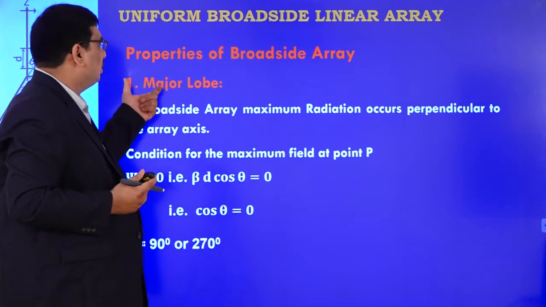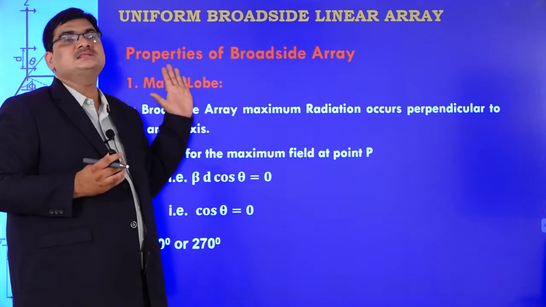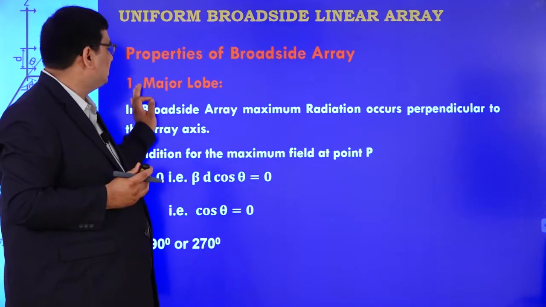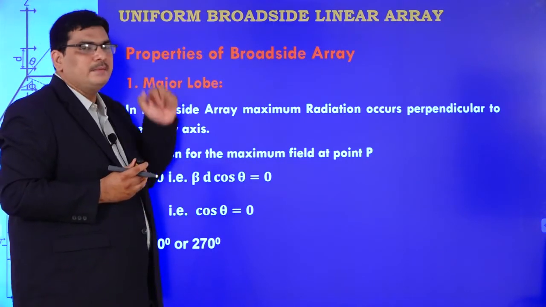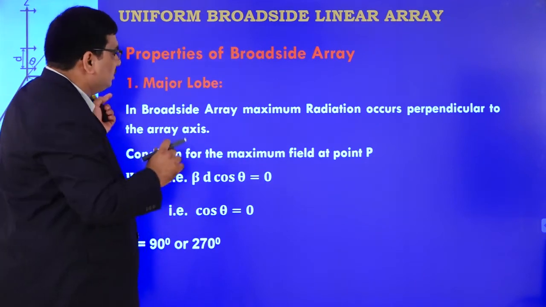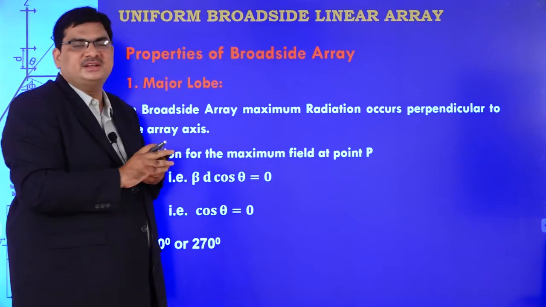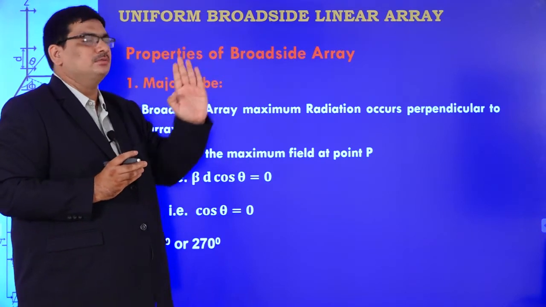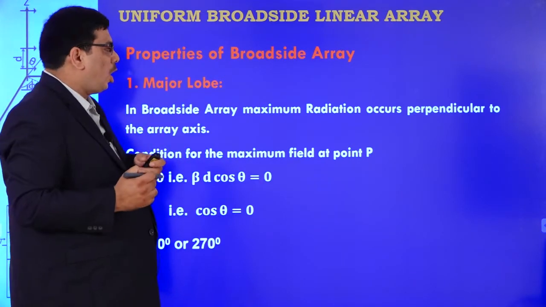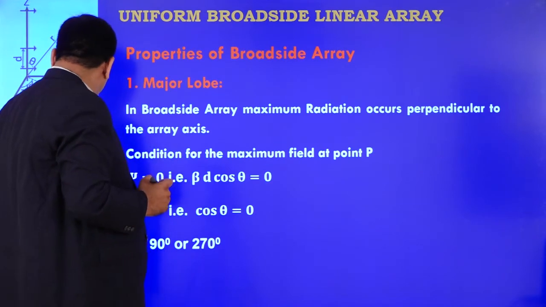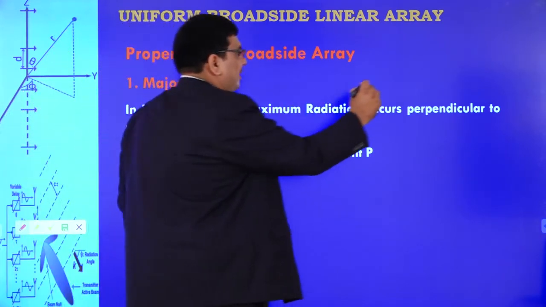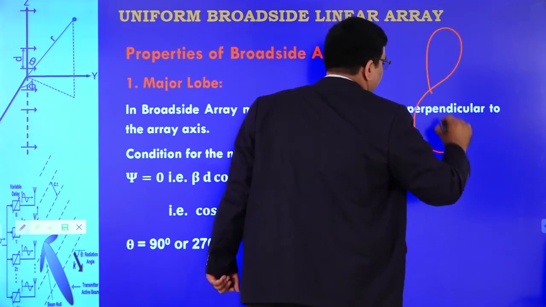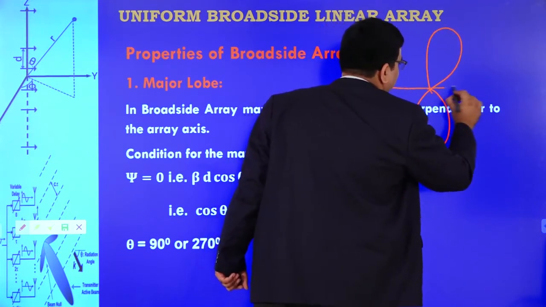First, what is the direction of your major lobe? In a broadside array, as we already discussed, the maximum radiation is always perpendicular to the axis.